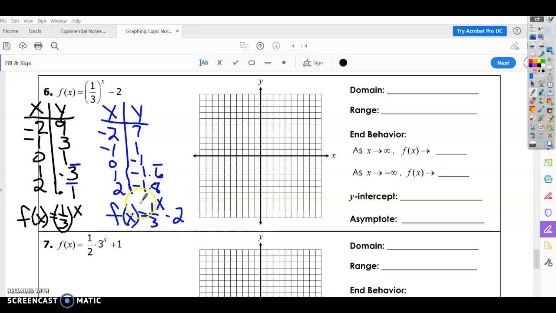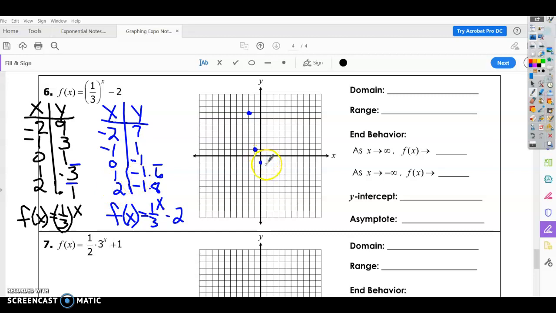And then I'm going to graph my points. This is the function I want to graph, so I'm going to use this table. So -2 and 7. -1, 1. 0, -1.